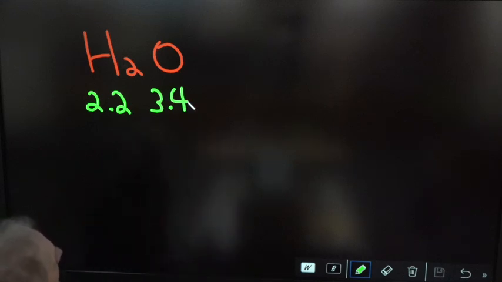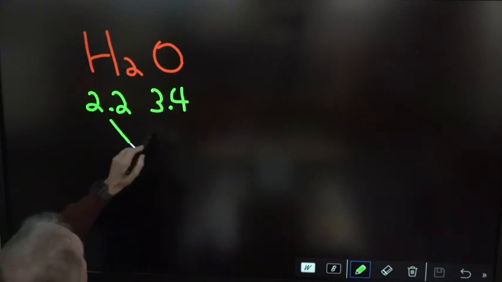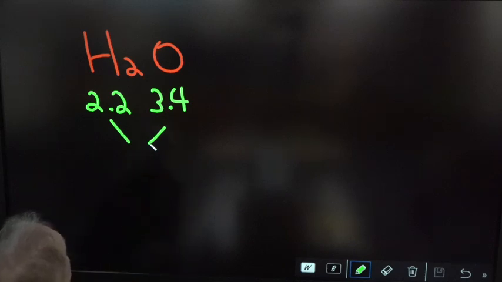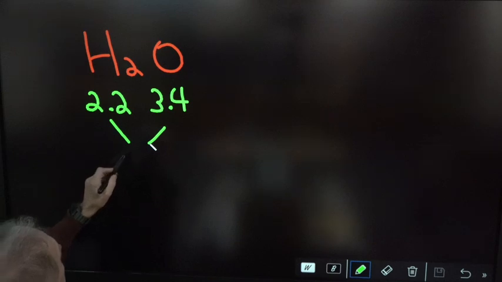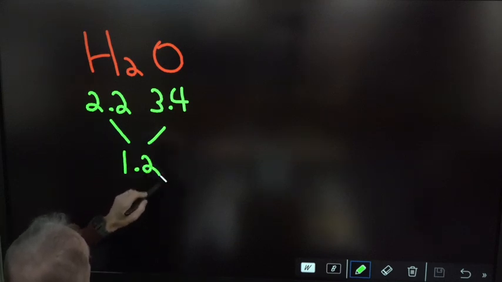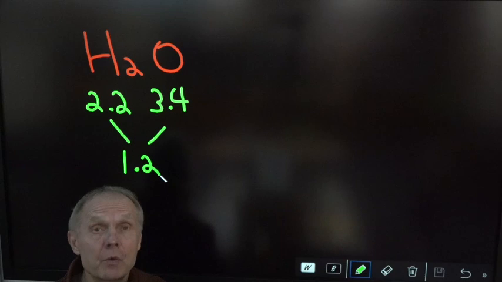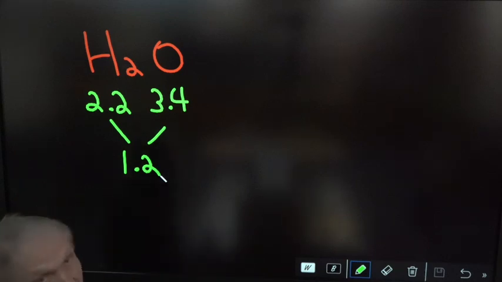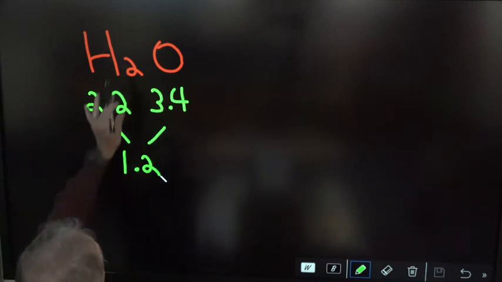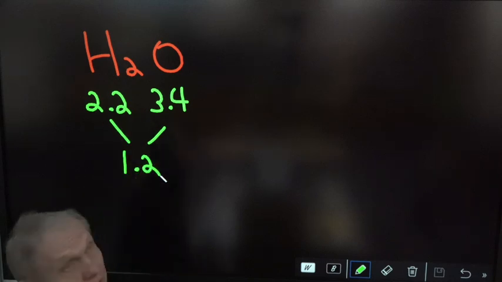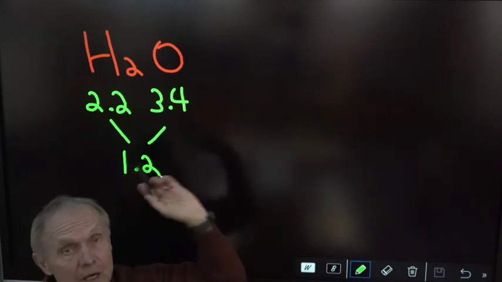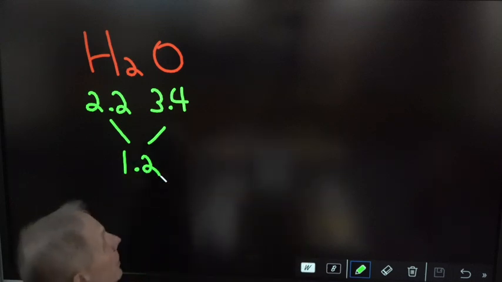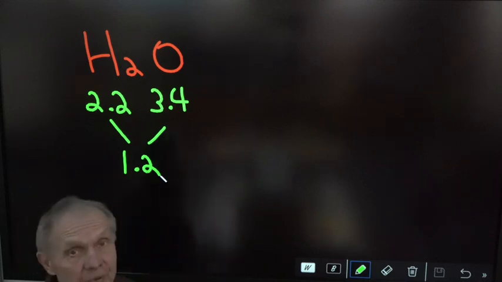So if I subtract these, you get 1.2. Now remember, for ionic, it's usually 1.7 or higher. That's pretty strong. So if you look at the electronegativities, you understand that oxygen is going to pull the electron pairs closer to it. So oxygen is going to be slightly negative, while hydrogen is going to be slightly positive.